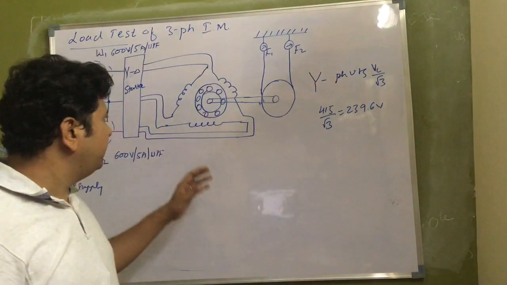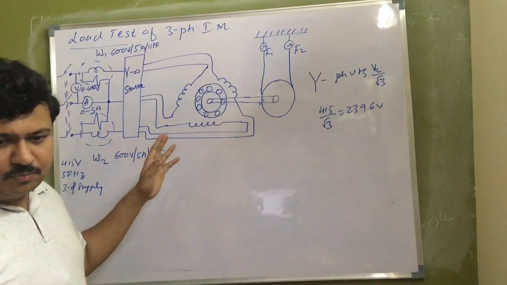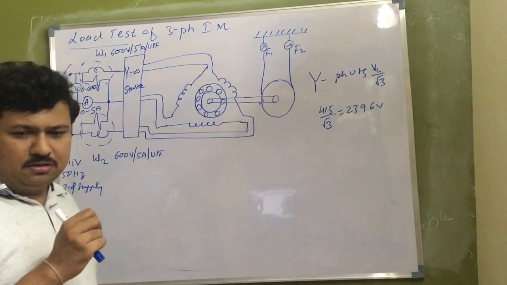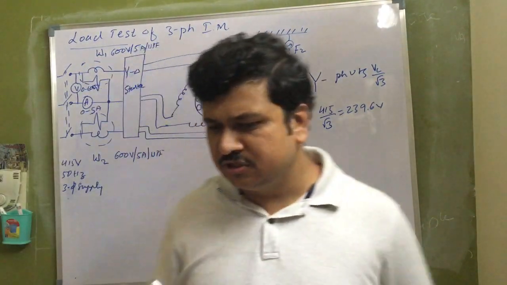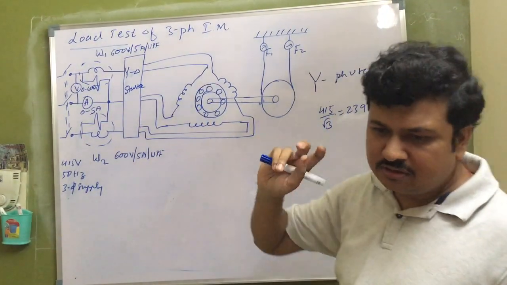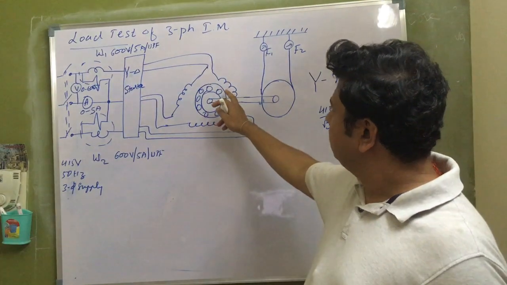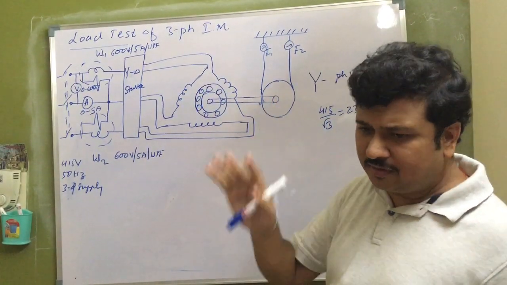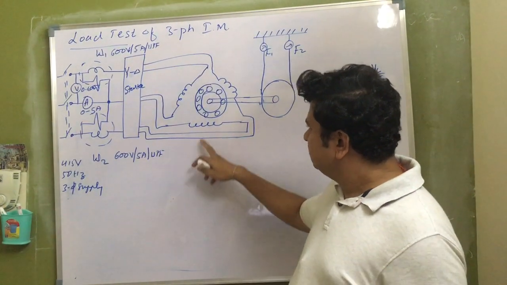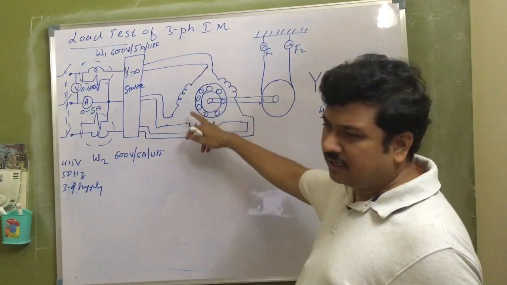Then when the speed reaches 50 to 60% of the rated value, an internal switch in the starter will automatically connect the stator connection into delta. That is the work of the star delta starter, because at the later stage the requirement is delta.